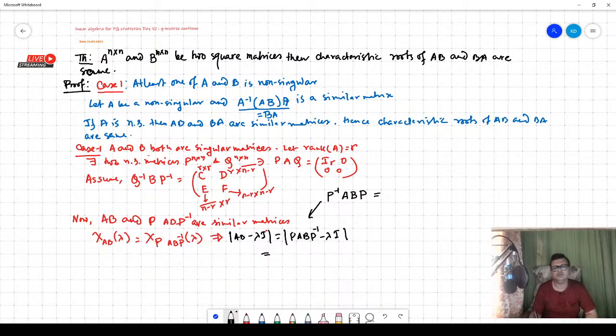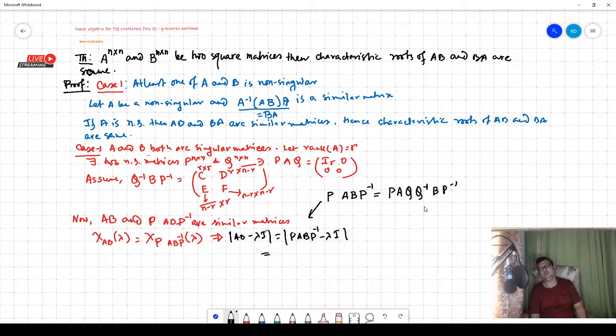Instead of P inverse ABP, it equals PA Q inverse BP inverse. So this gives I; Q inverse Q equals I. So instead of I, write Q inverse.